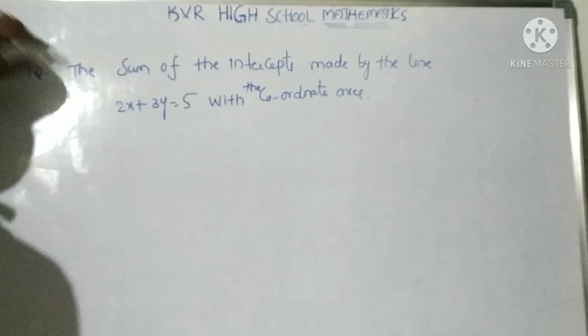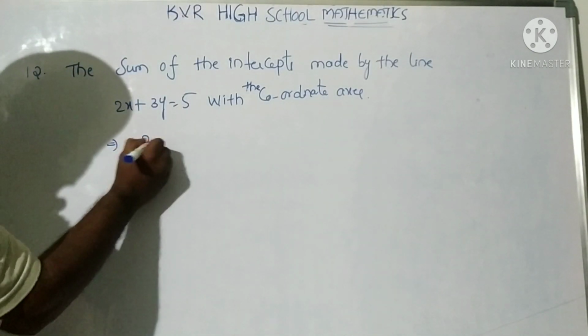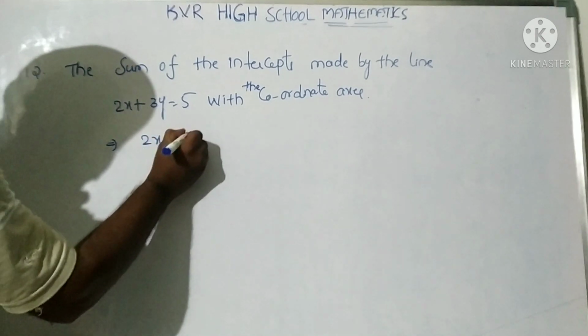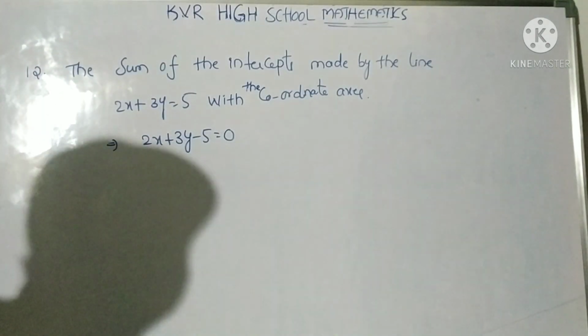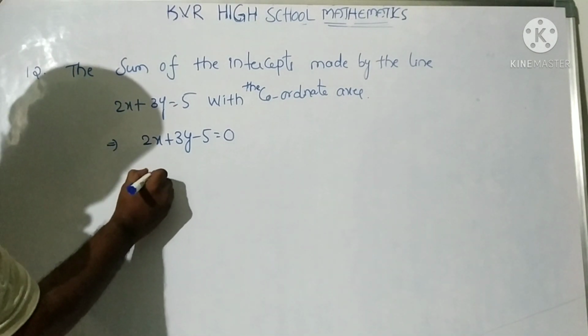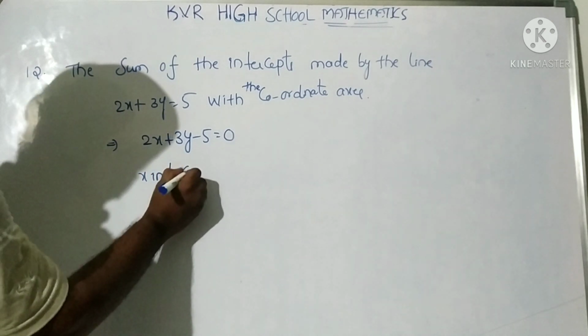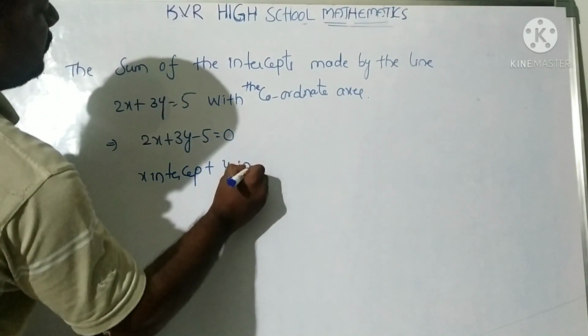First of all, express the equation in standard form: 2x plus 3y minus 5 equals 0. That is the standard form of the given equation. So now find the x-intercept plus the y-intercept.